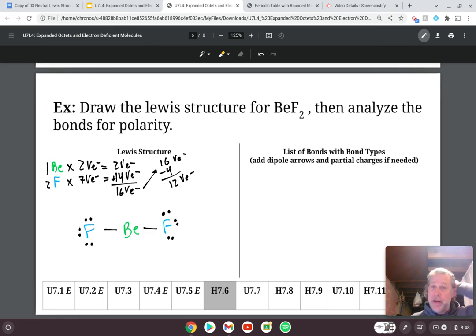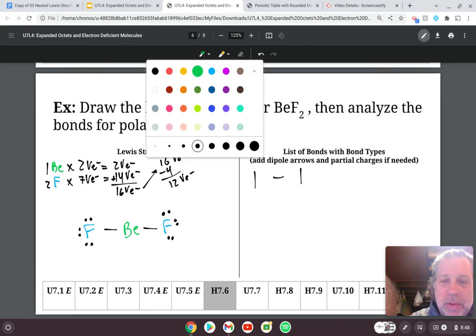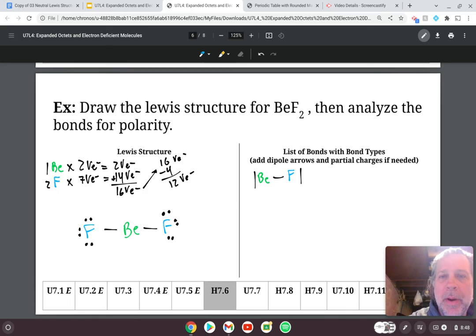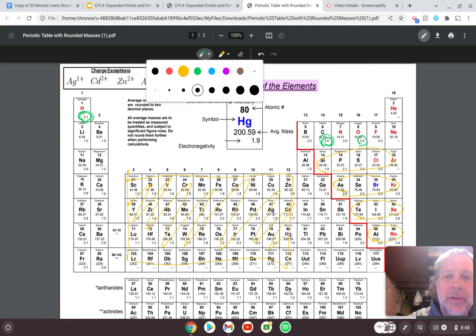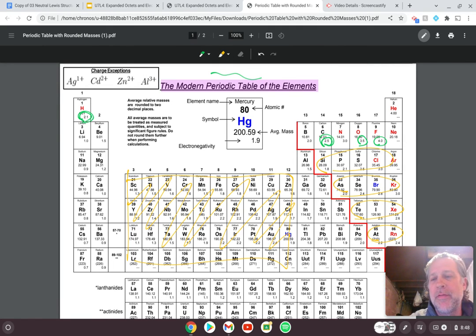Now I need to go ahead and identify whether or not I have to draw arrows. So I'm going to be looking at the relationship between Be, beryllium, and fluorine. I'm going to go to my periodic table and see that fluorine has an electronegativity of 4 and Be has an electronegativity of 1.5.